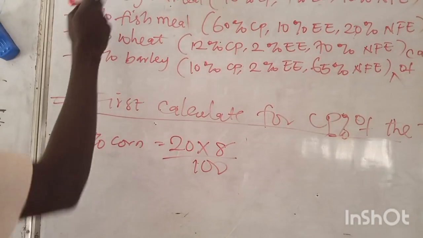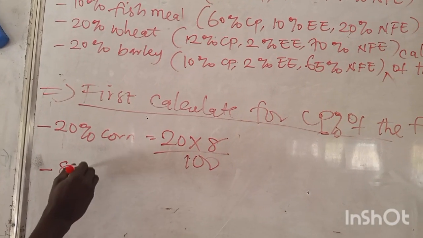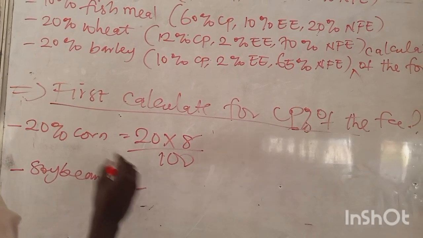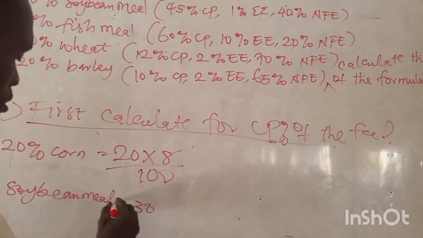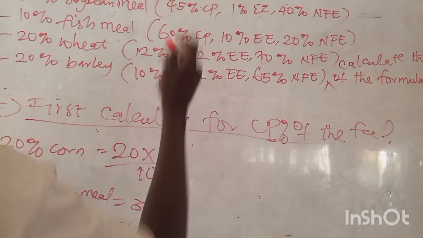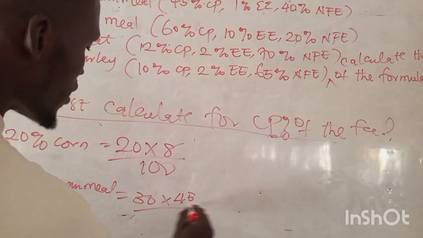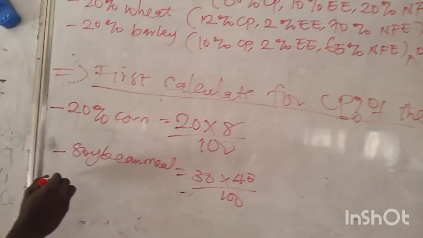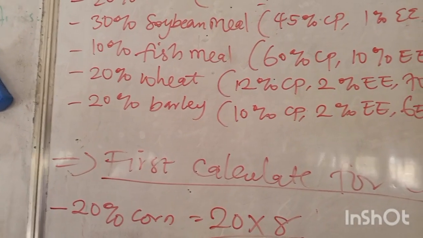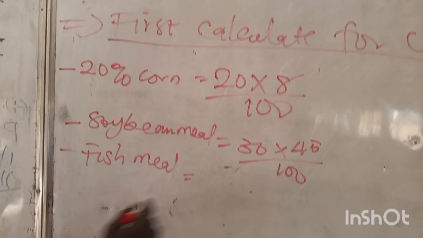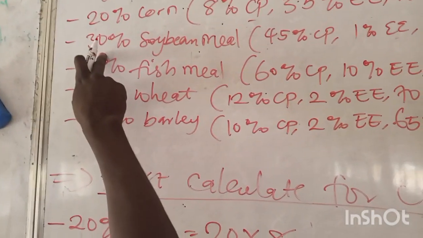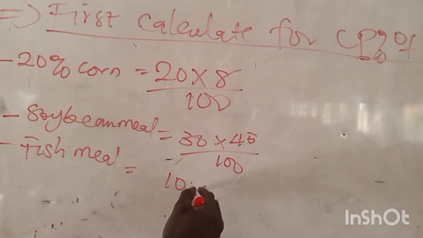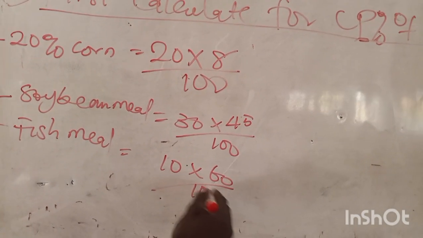So when you come down to soya bean meal, it is 30 times 45 divided by 100. Then you come down to fish meal, which is 10 times 60 divided by 100.